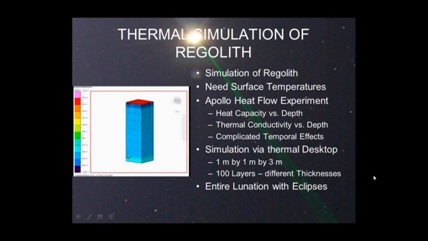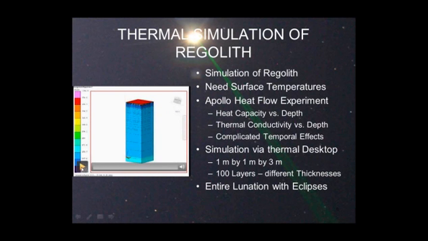The first thing we need to address is the behavior of the regolith. The top surface radiates to the package. And so now we must look at how this behaves.